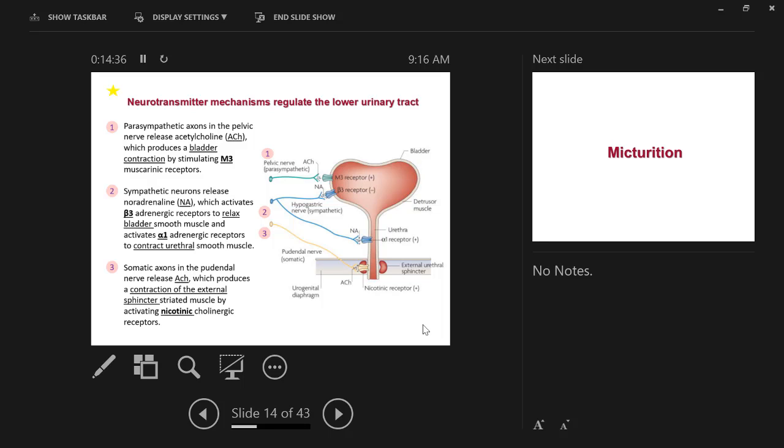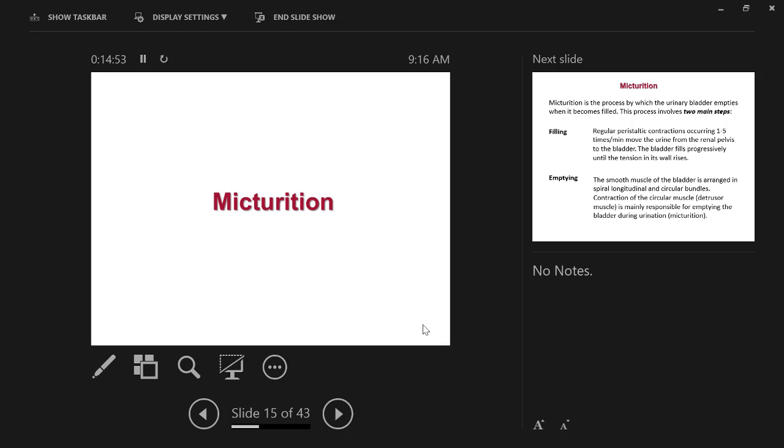And by the way, alpha-1 you can find all the way in the smooth muscle cells of the systemic vasculature, which we're going to talk about later. Okay, so now we can start talking about micturition, enough for anatomy.